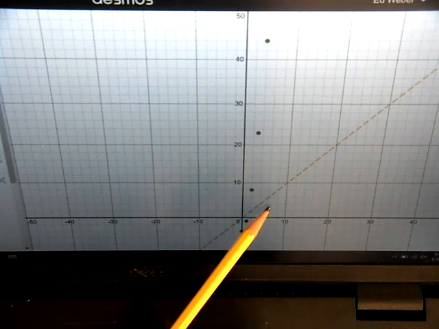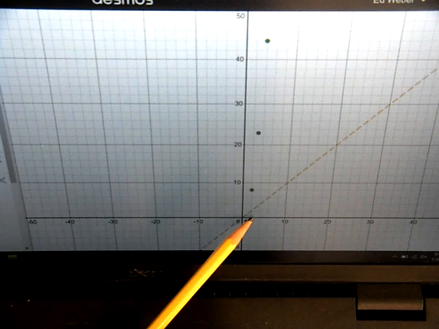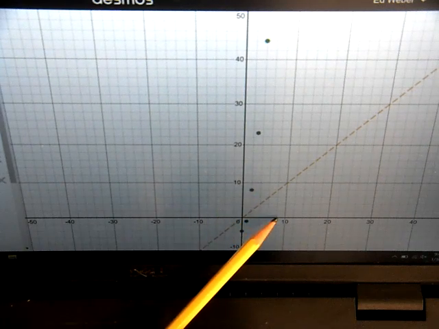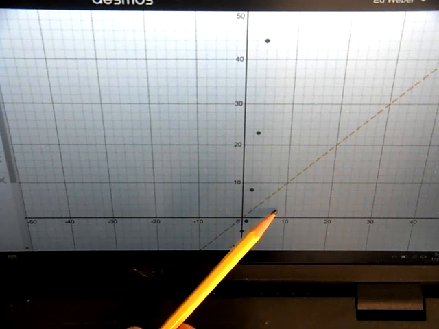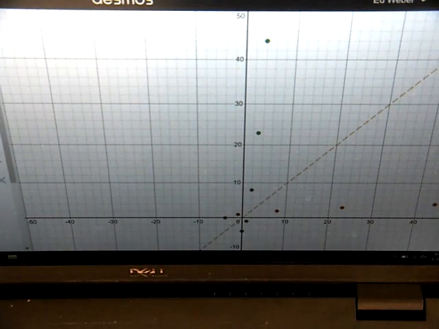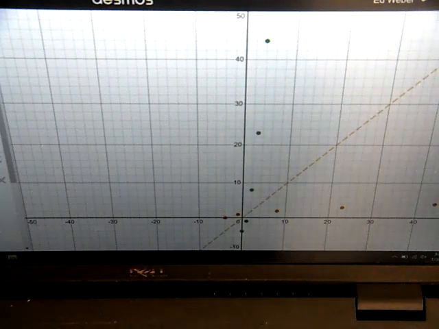You could find the other points by just switching the order. This is over 2, up 8. We could go over 8 and up 2 is another way to have done that. So those are reflections over the line y equals x.